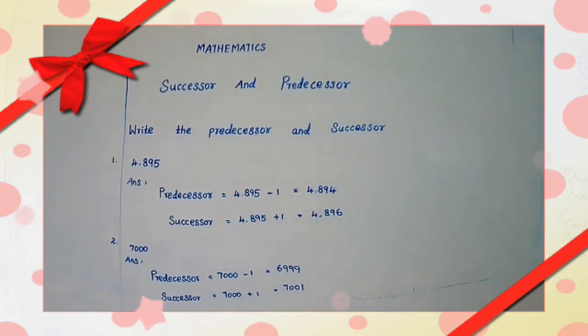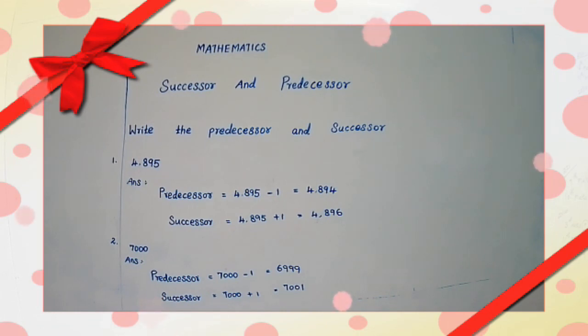The second one, 7,000. That is 4-digit number. 4-digit number starts from 1000. Then write the answer. Predecessor. Predecessor is equal to 7,000 minus 1 is equal to 6,999.